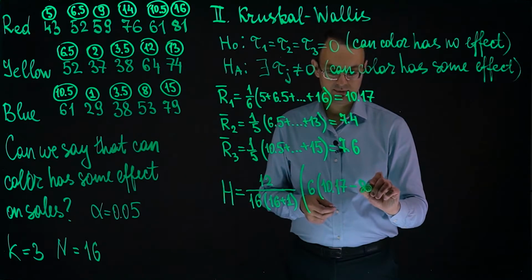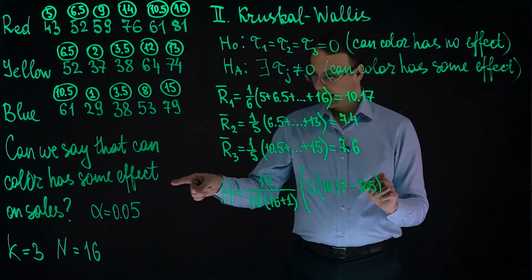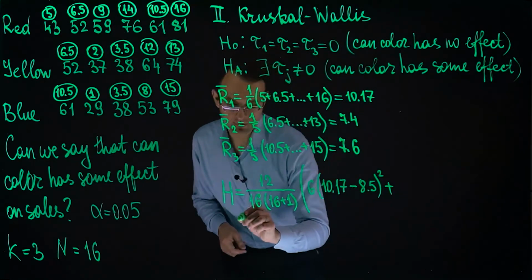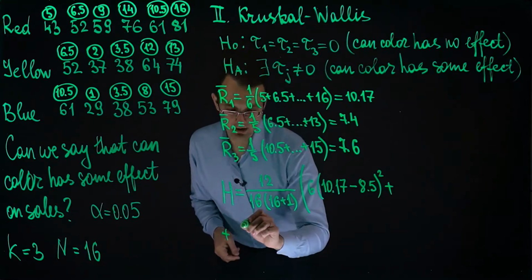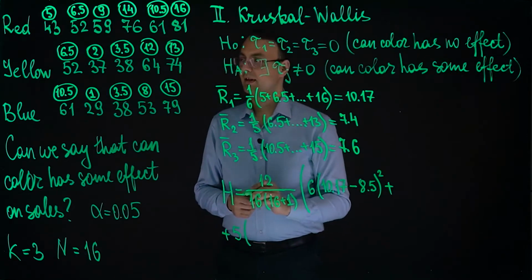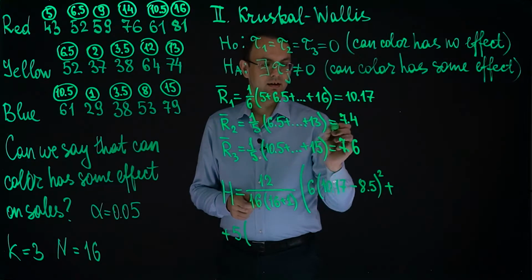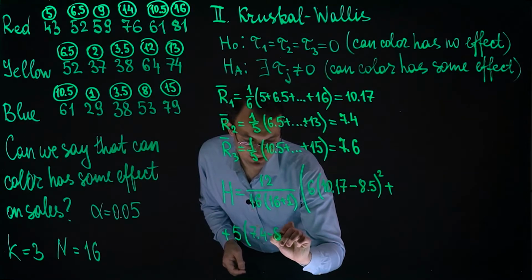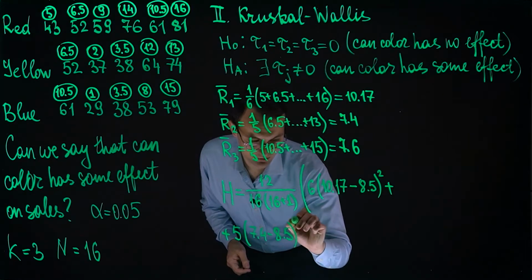So 8.5 is (N plus 1)/2. Then, plus, for the second sample, we have 5 multiplied by 7.4 minus 8.5 squared.